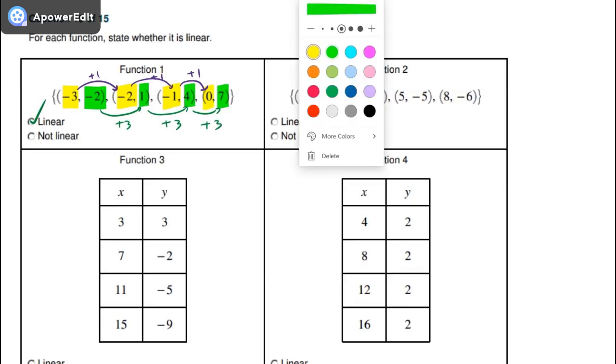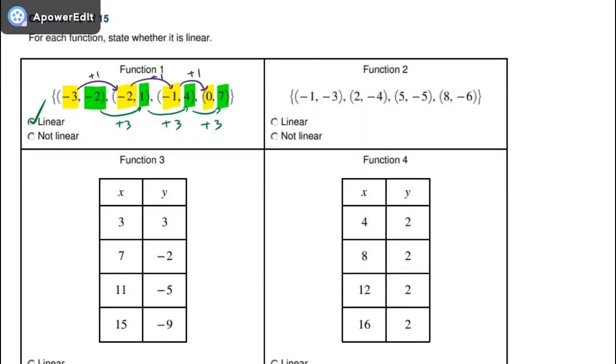Now we'll look at the second function. We have x values negative 1, 2, 5, 8. Negative 1 to 2, you add 3. From 2 to 5, you add 3. And from 5 to 8, you add 3. So it's looking good on the x values. We do the same for the y values. 3 to 4, you add 1. 4 to 5, add 1. 5 to 6, add 1.